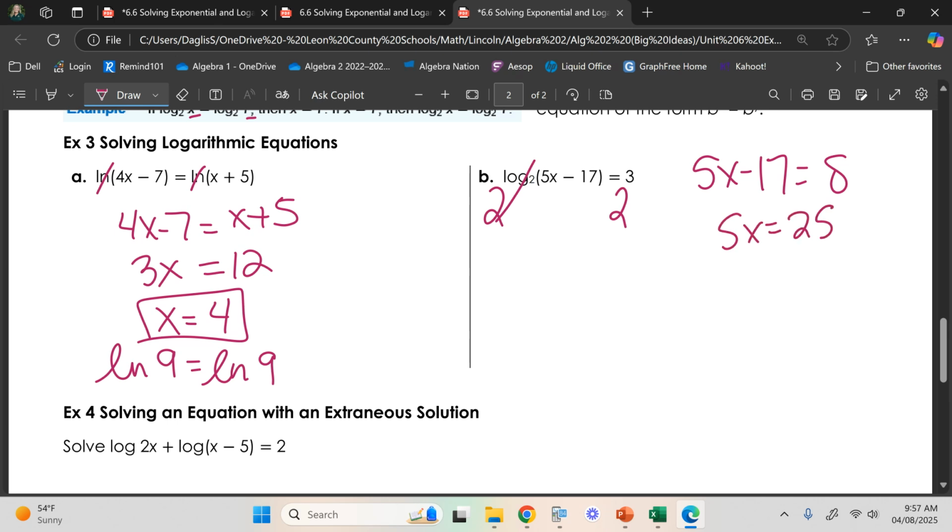And then divide by 5. We get x equals 5. Let's double check. 5 times 5 is 25. 25 minus 17 is 8. 8 is a positive real number. And isn't that true? Log base 2 of 8 is 3, so this is correct.